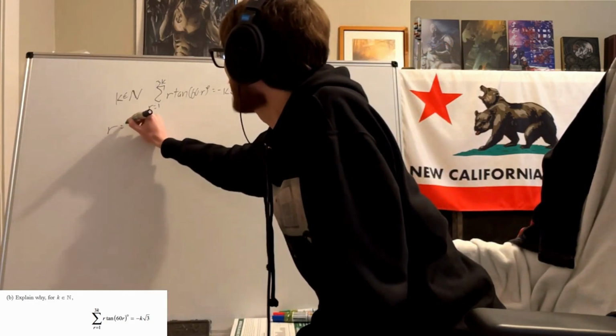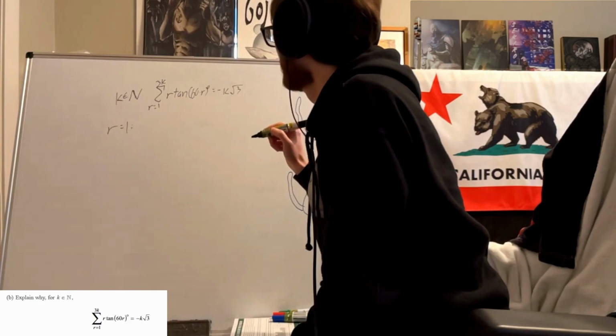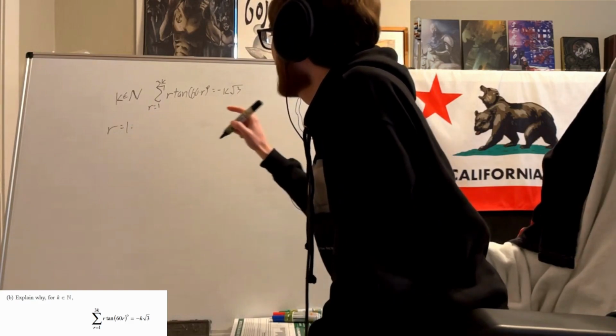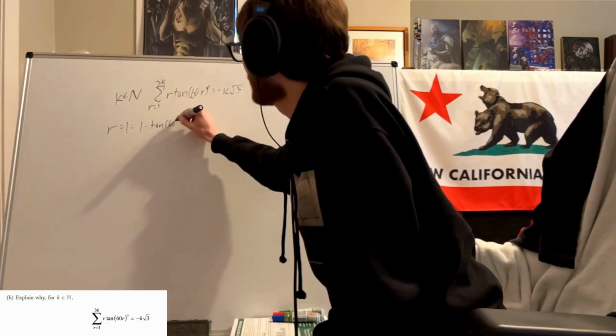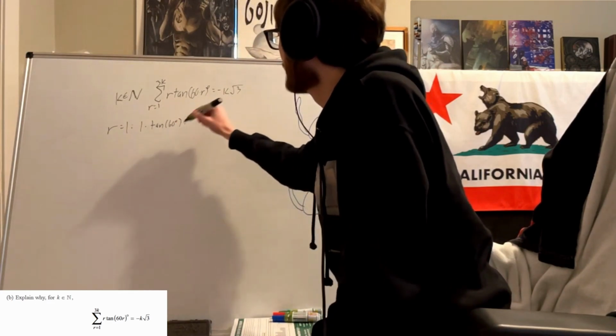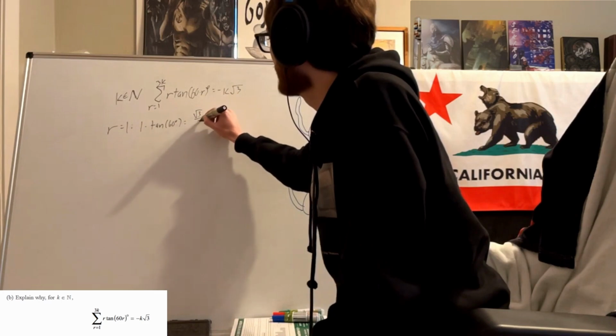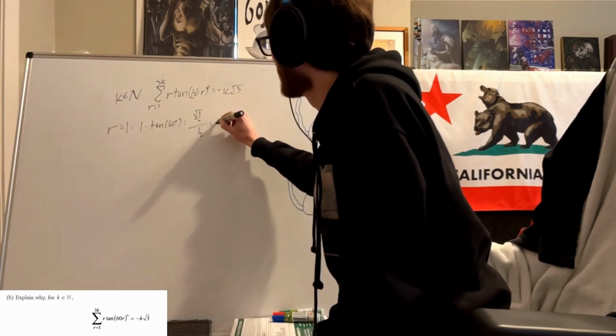So for r equals 1, we have 1 times tangent 60 degrees, which is root 3 over 2 over a half, which equals root 3.